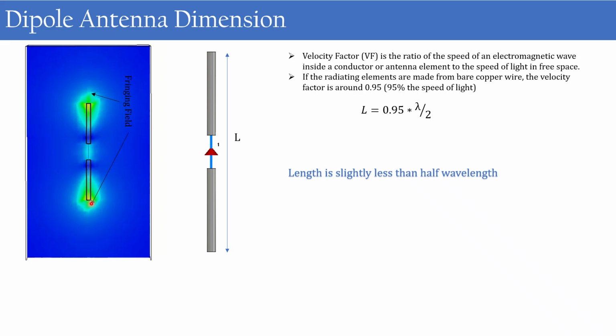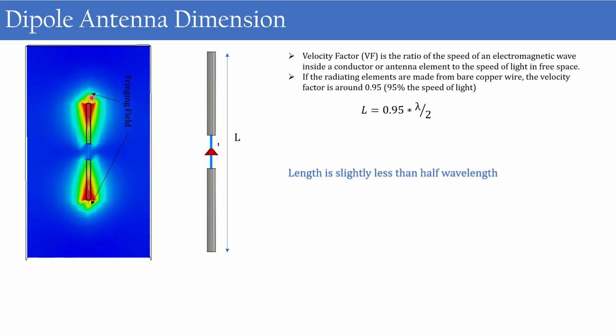So if we design the antenna as half wavelength, the effective length will be more than that. So if we have to design a half wavelength antenna, we can in effect reduce the length. Due to this fringing field, the total length will be effectively the half wavelength.